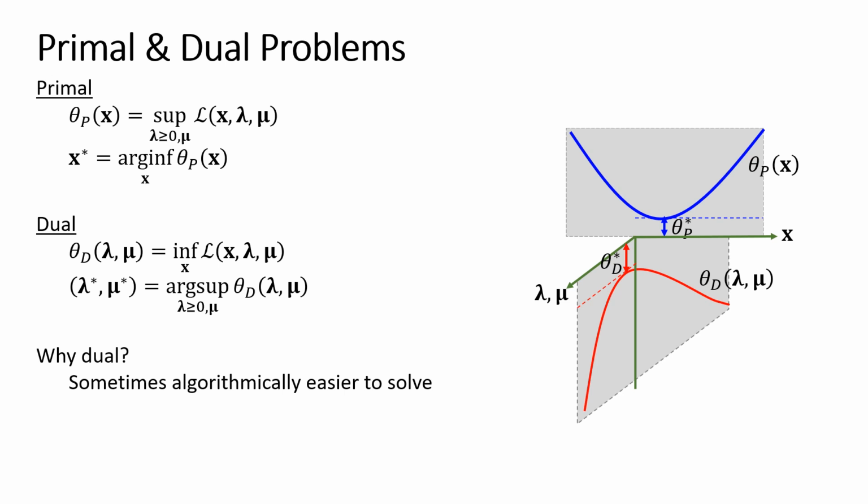That makes it simpler to solve. Otherwise, you get simpler equations to solve the dual. And another thing is it's always concave, even if the objective function is not convex. So there's no guarantee that theta p would be convex. Even if that's the case, theta d is concave. And so you can employ simpler algorithms to obtain theta d.